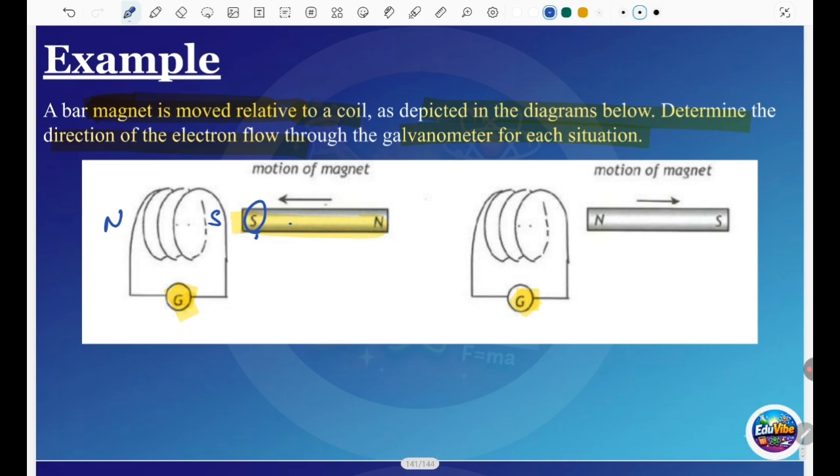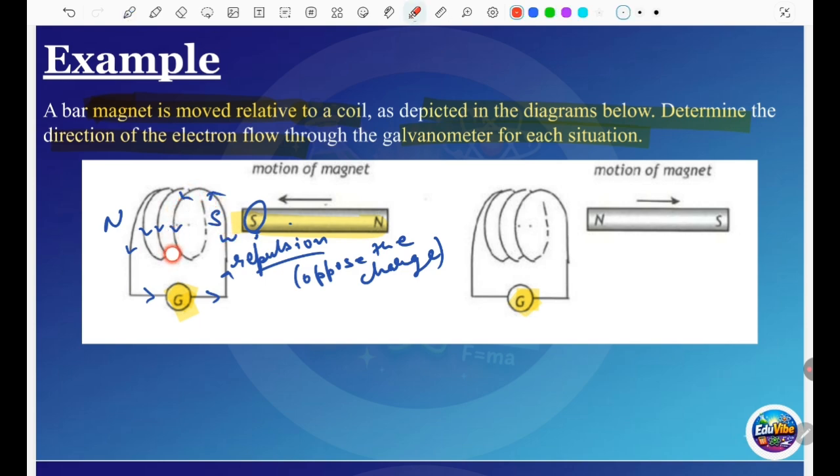And when south meets south, what will they do? They will repel, so they oppose the change. When that happens and the magnet moves in, the coil will carry current in this direction.